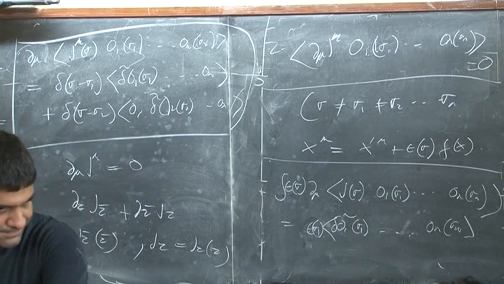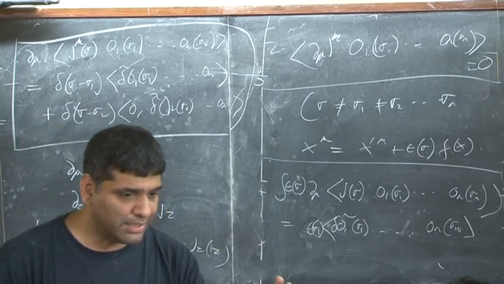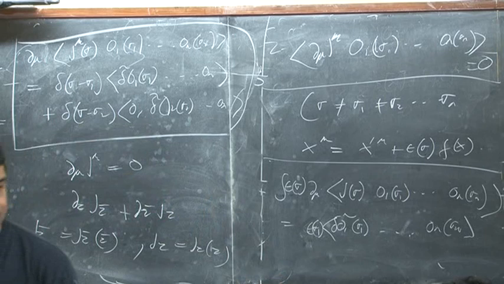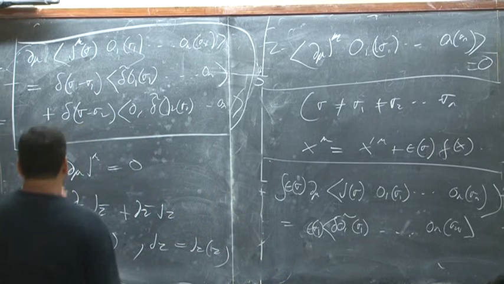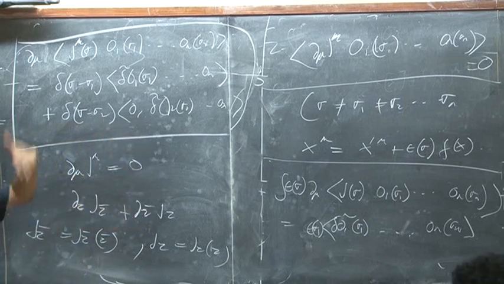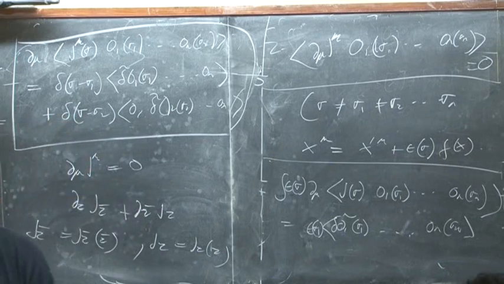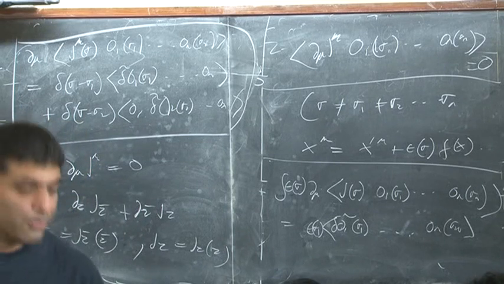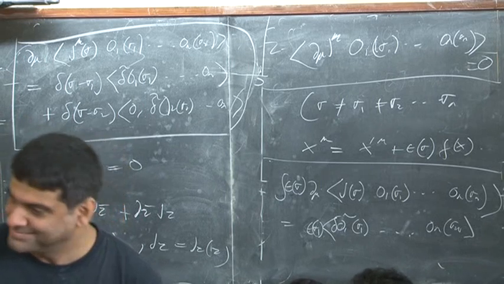Insertions of J z are analytic functions of z, apart possibly from where z hits other insertion points. Suppose that were true, then that would ensure that the current was conserved everywhere except for insertion points. And we will see that this is basically always the case for all the conserved currents we will be interested in.